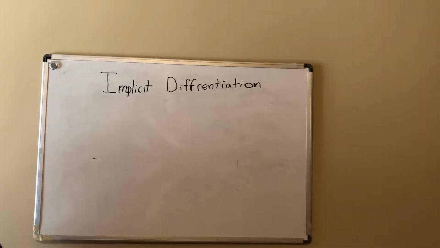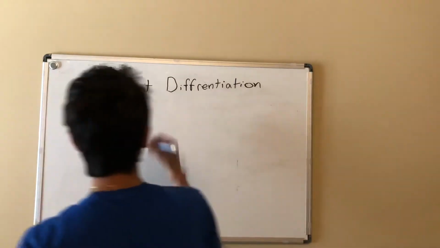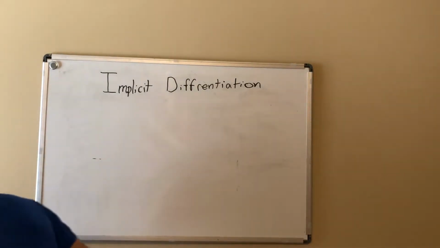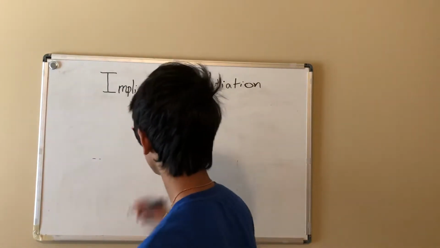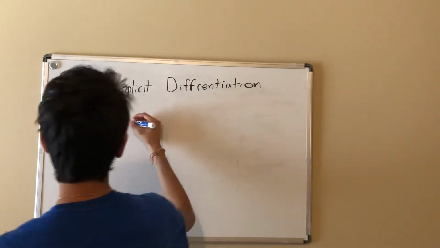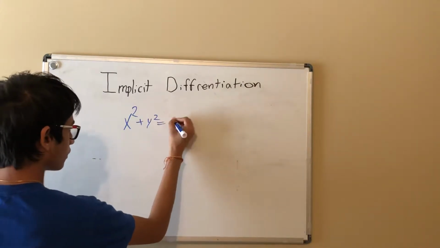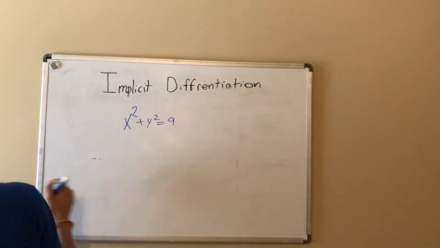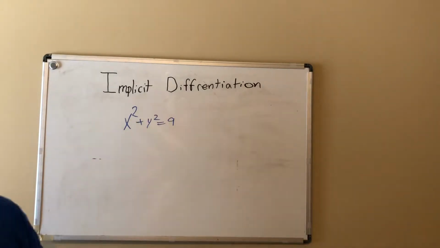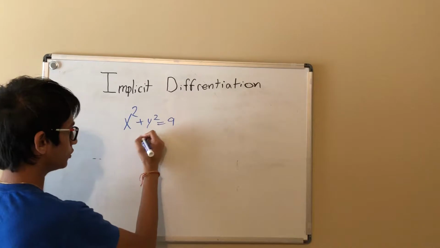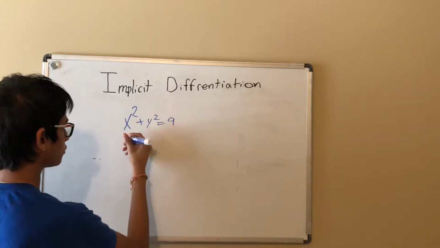So the first problem is x squared plus y squared equals 9. Here I'm going to use a different marker color. We need to find the derivative by implicit differentiation. The first thing you would do is take the derivative of both sides.